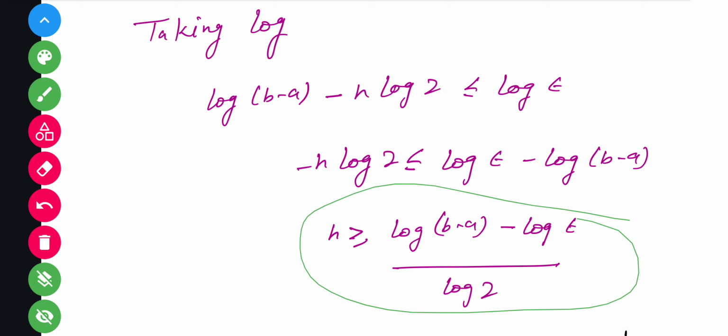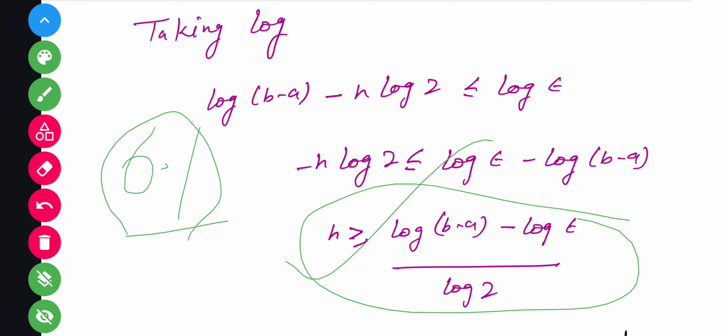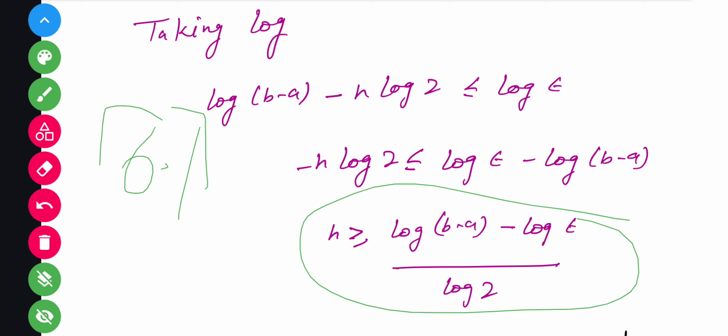The main thing we need to remember is, whenever we find values by using this formula, like 6.1 or 6.4, we need to use the ceil function.